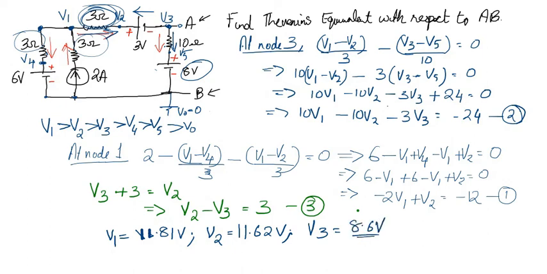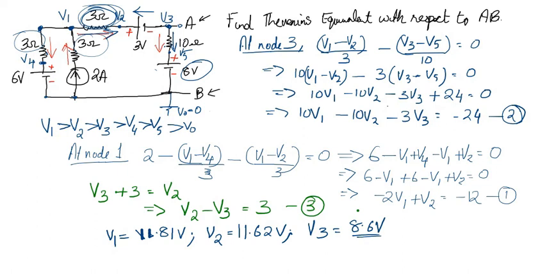In this question, our Thevenin's voltage is the voltage across A and B, that is, the voltage at node A with respect to node B. Node B is at ground potential. Node A is at V3. We had to find Thevenin's voltage; that was our first step.